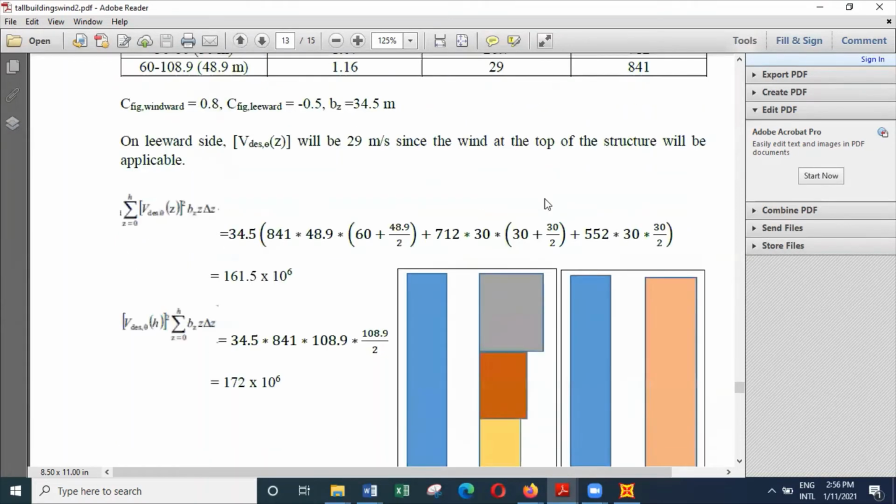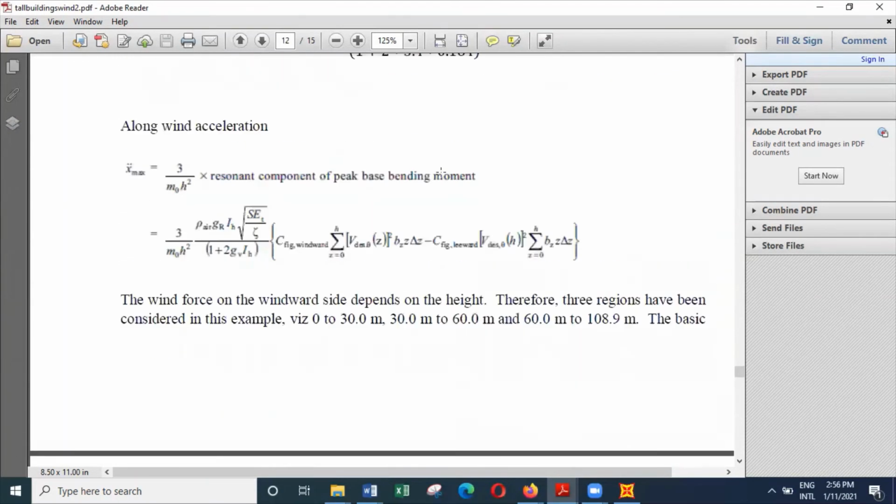So basically in this equation, you can see this part is done, this part is done. Then we know the windward coefficient is 0.8, the leeward coefficient 0.5. But again, you can see the leeward coefficient is minus 0.5. So here you get minus, here you get minus 0.5. That means the effects are added up.